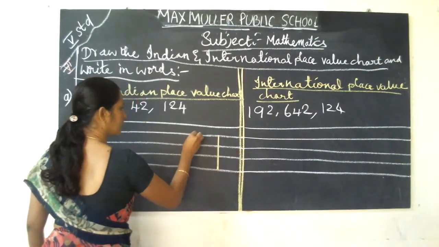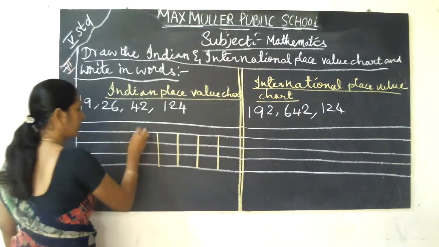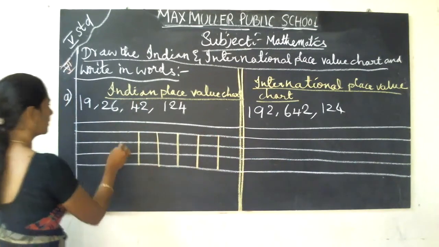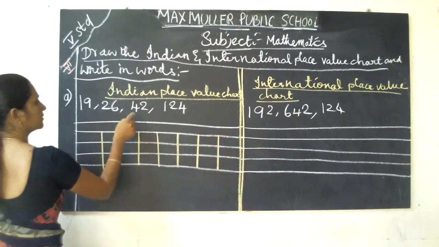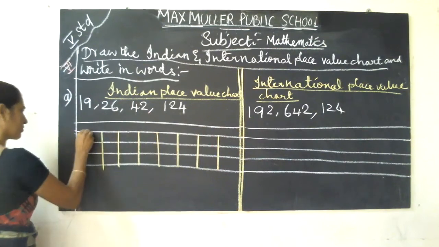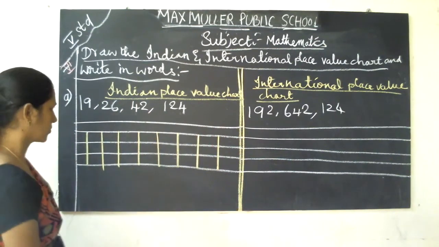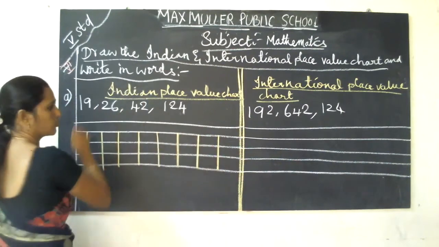Ones, tens, hundred, thousand, 10,000, lakhs, 10 lakhs, crores, 10 crores. So here, how many groups? 1, 2, 3 groups.